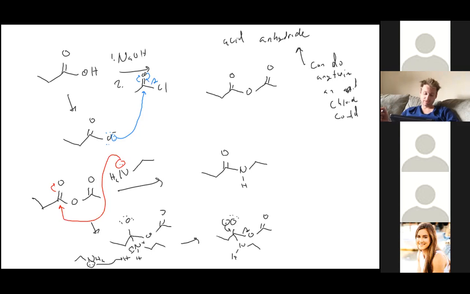The problem with this is that there's no reason why it would attack at this center and not this center here and generate your other products, because you could just as easily break apart the other carbonyl.